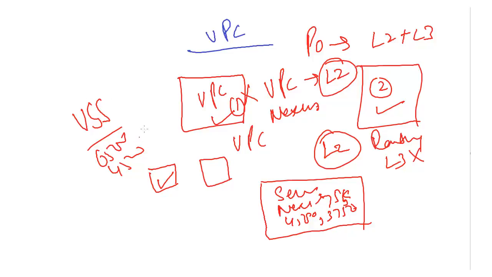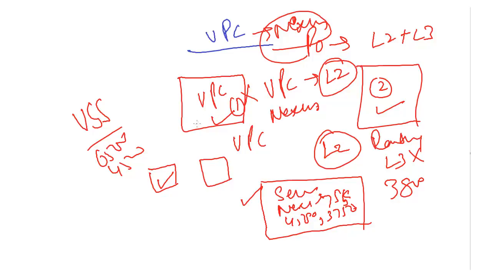I don't know much about VSS, but vPC is only for port channeling, and it is a feature of Nexus. Upstream devices have to be Nexus devices. Downstream can be a server or traditional switches like 3750 or 3800, whatever switches. But upstream has to be Nexus.